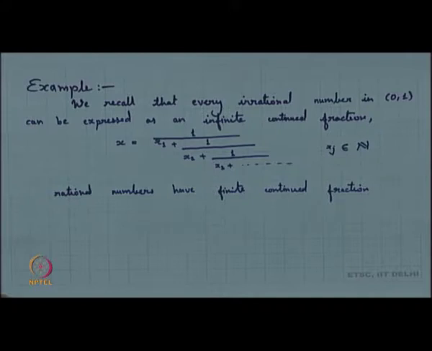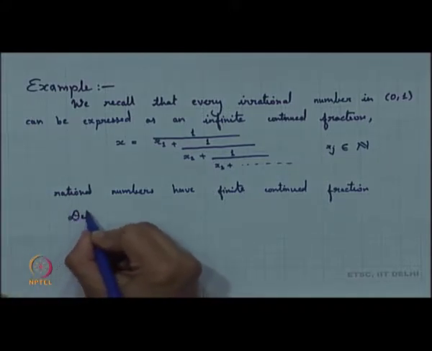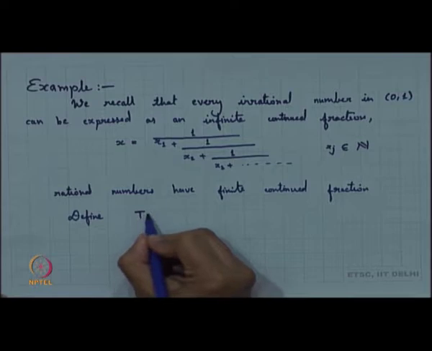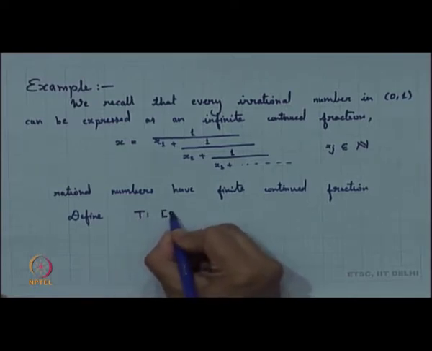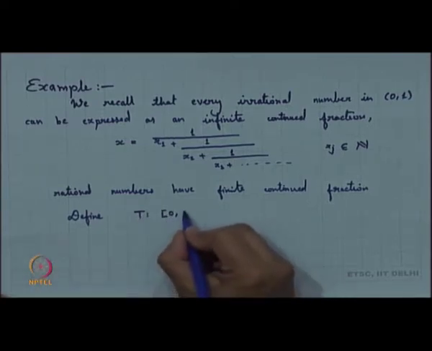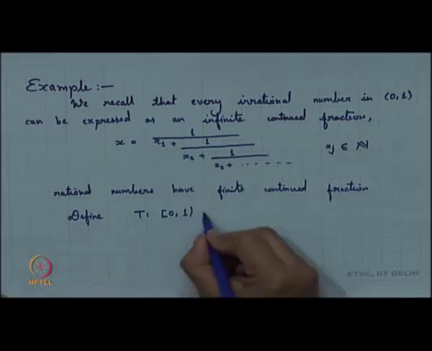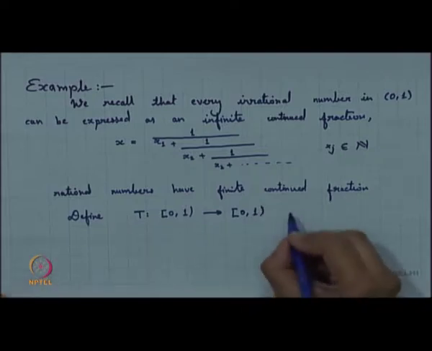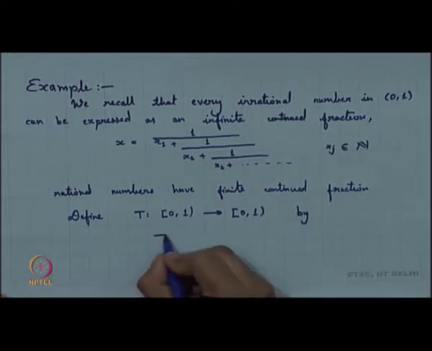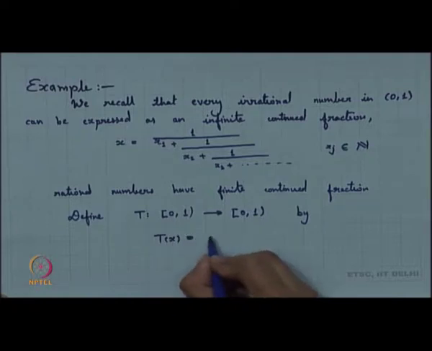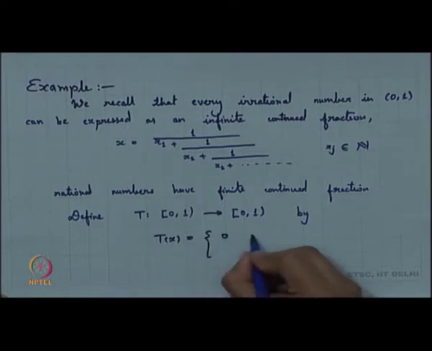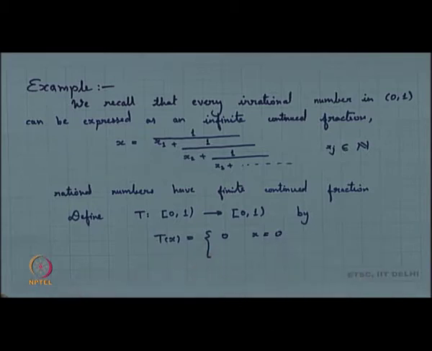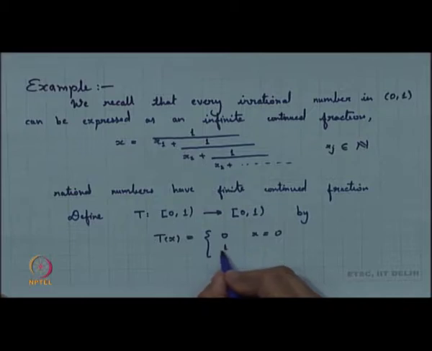Now, let us look into a map here. So, we define T from [0,1) to [0,1), and we define T by T(x) is 0 if x equals 0, which means 0 is a fixed point here, and if x is not equal to 0, we define it as 1 by x mod 1.